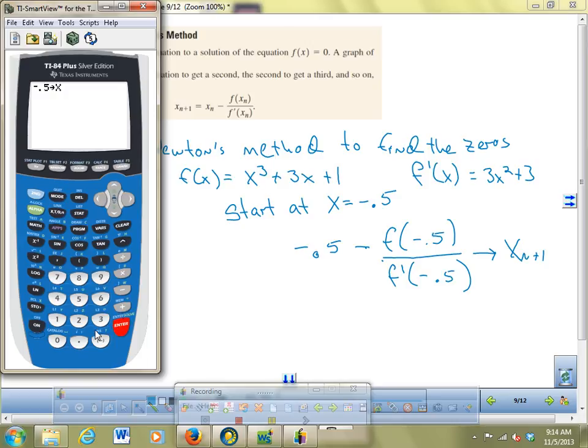And now I'm going to use this formula. I'm going to go x minus, and I didn't know you could do this either, bars, y bars, function, y1, divided by bars, y bars, function, y2.